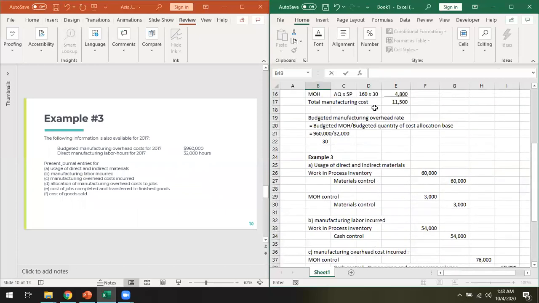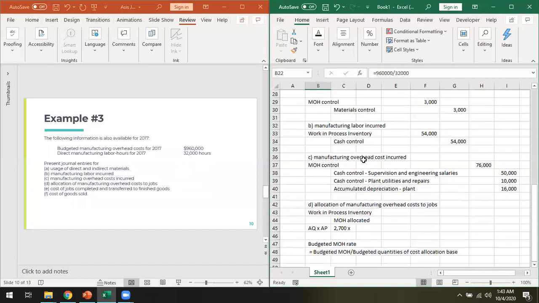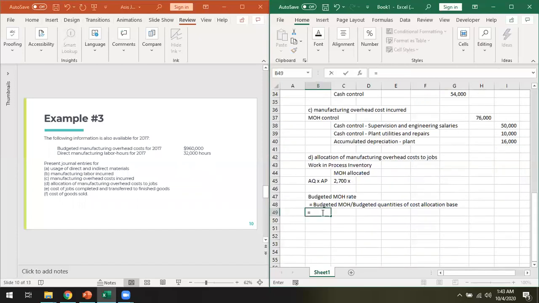The budgeted manufacturing overhead rate is $30. So the manufacturing overhead cost allocated is 2,700 times 30. So work in process inventory from the manufacturing overhead cost is $81,000.